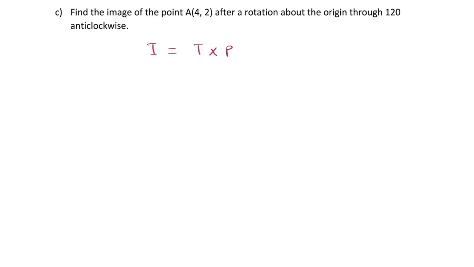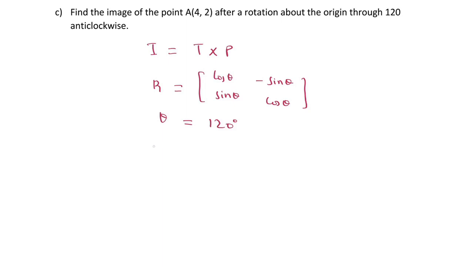Okay, so for the rotation, transformation matrix R equals matrix cos theta, sin theta, negative sin theta, cos theta. So the given value of theta from our question is 120 degrees.